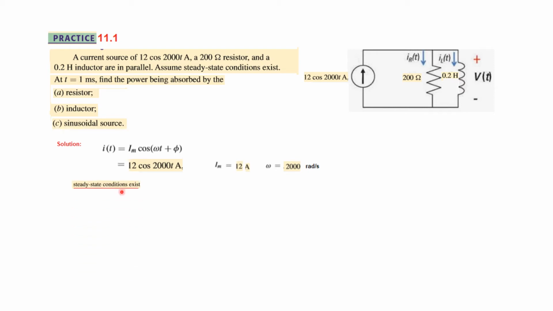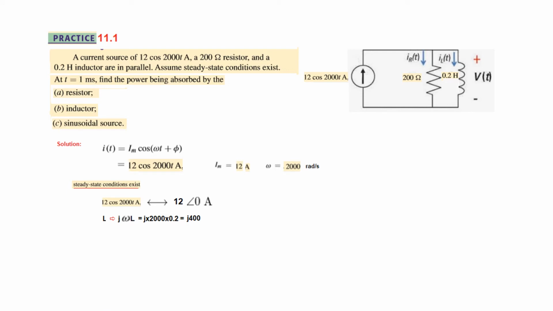Now, as we mentioned, in case of a steady state condition, we can use the phasor domain, so we convert this into phasor, and I hope you know this, the magnitude is 12, and since there is angle 0, we write it 12 angle 0.